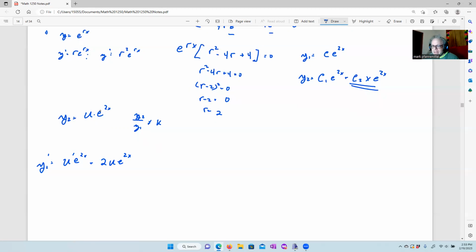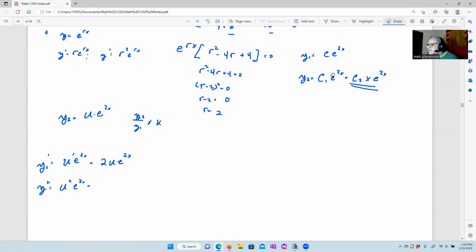Now we've got a second order DE here, so we need y double prime. We need to take the derivative of the first, so u double prime e to the 2x plus the first u prime, and then we have a 2e to the 2x here.